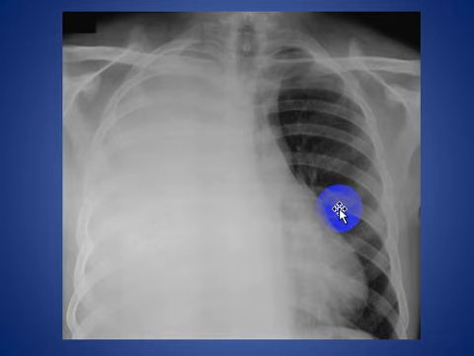The differential diagnosis of this opacification of the right hemithorax is complete collapse of the right lung, and we see the heart and the trachea will be shifted to the same side of the collapse.